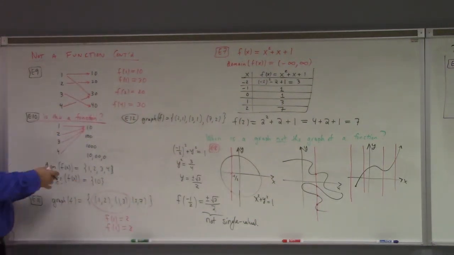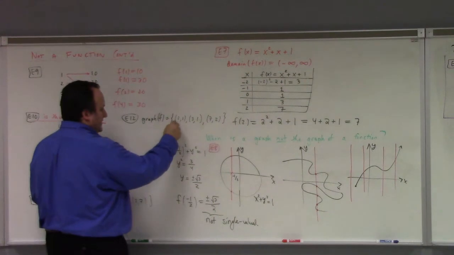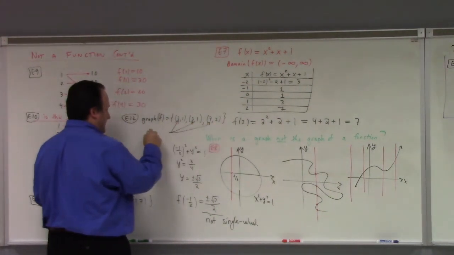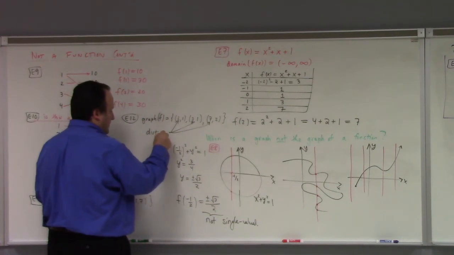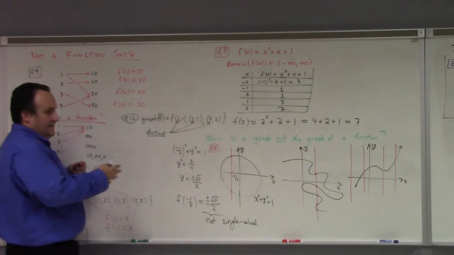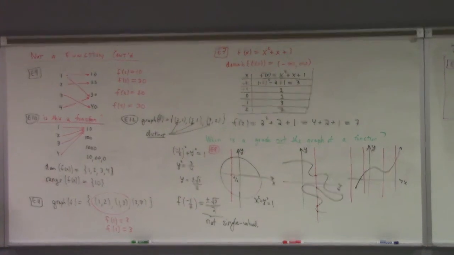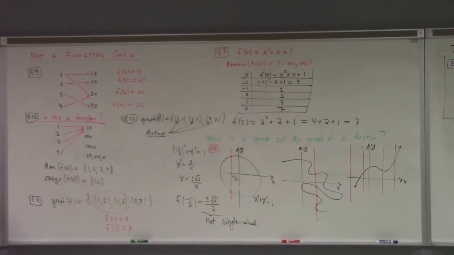That would be a function because these numbers, 2, 3, 7, are distinct. As long as the first numbers in the pairs are distinct, those are the x's, those are the domain. So if we had two pairs that had the same x but a different y, that would mean that the function is outputting two different things.